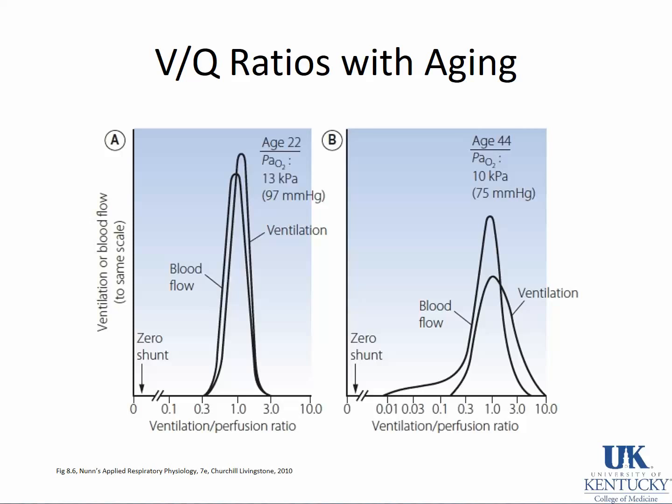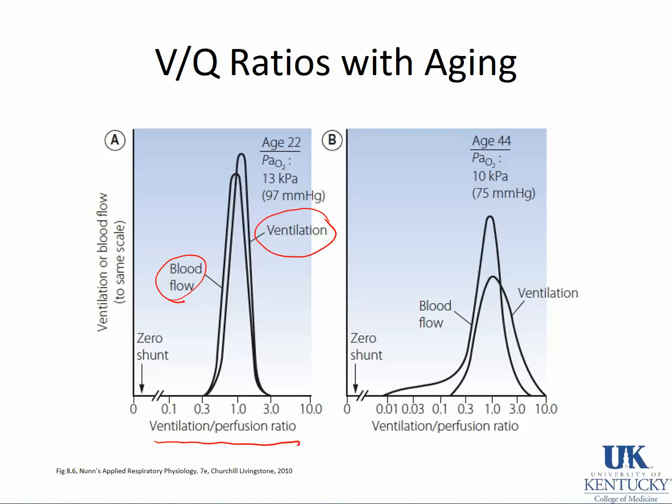We often think about it from the standpoint of the distribution of ventilation and perfusion as shown by the multiple inert gas technique. This basically looks at lung units with different ventilation perfusion ratios. One of the curves is blood flow, and the other one is ventilation.